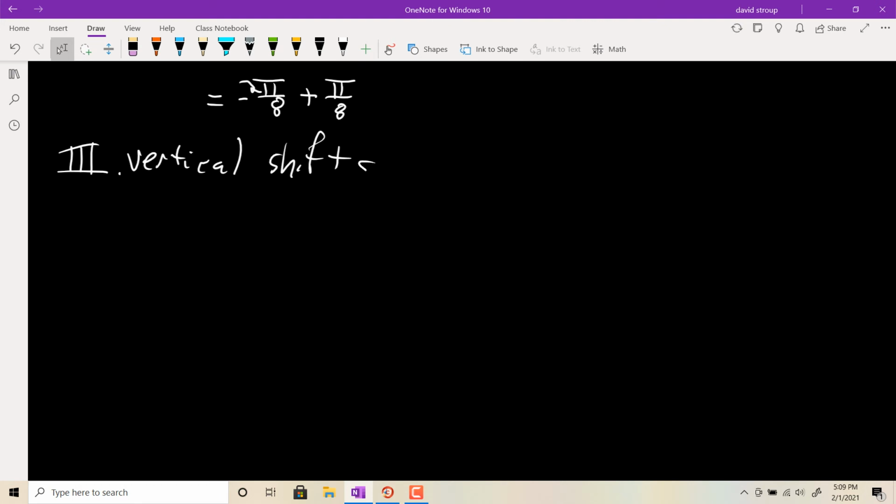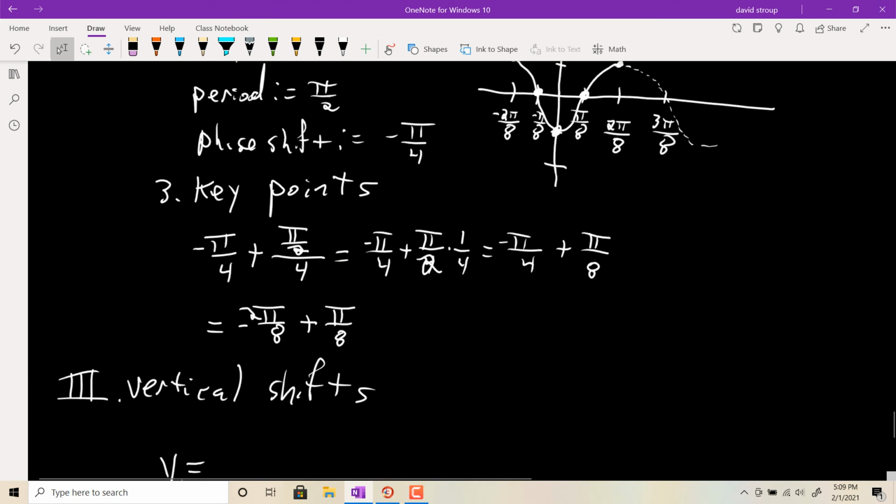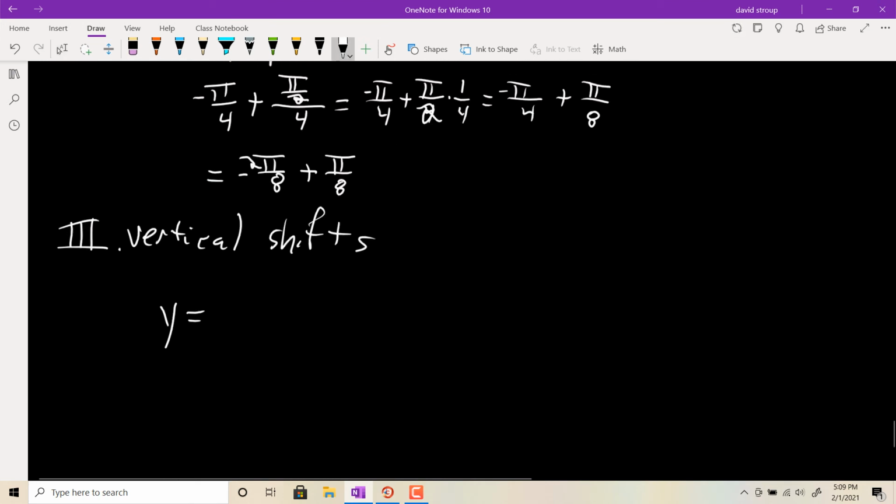And basically what I recommend doing is just do kind of everything you did before and then move your result up or down by this d amount. So your formula is going to be a sine or even cosine, one or the other, of bx plus c.